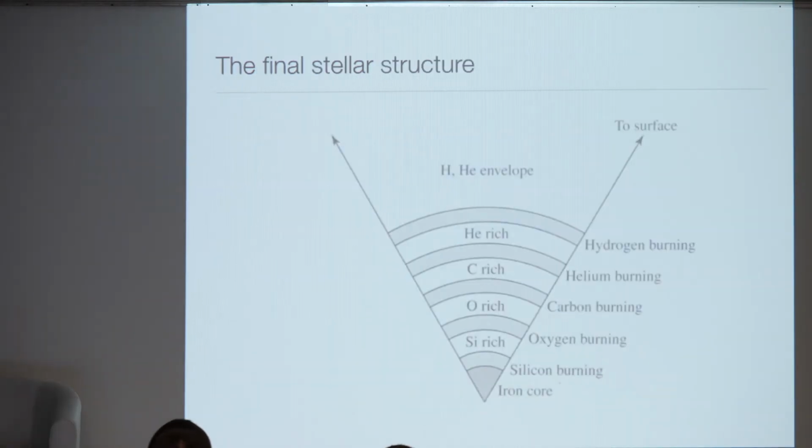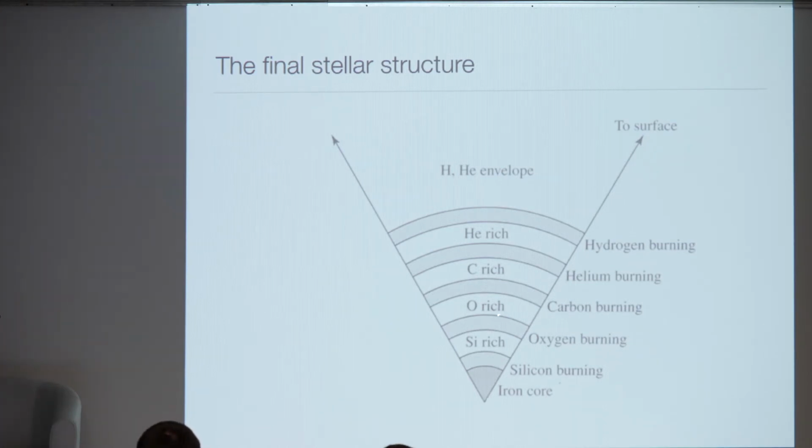And this is how the star looks in the end, in a simplified picture. There's an iron core, and that leads to the collapse, and then there's a silicon burning region, and then a silicon-rich region where the temperature is not high enough to burn silicon.